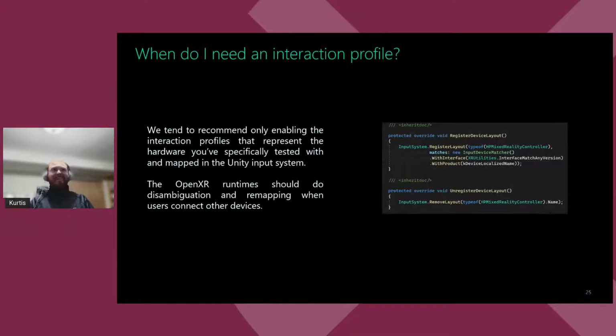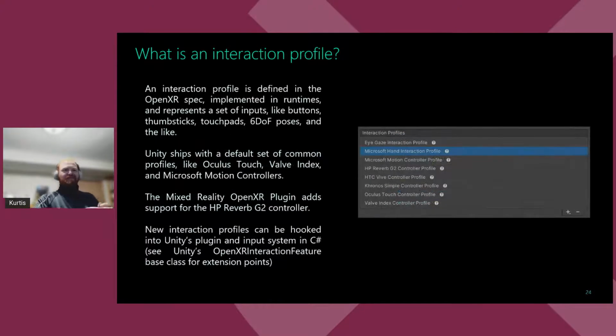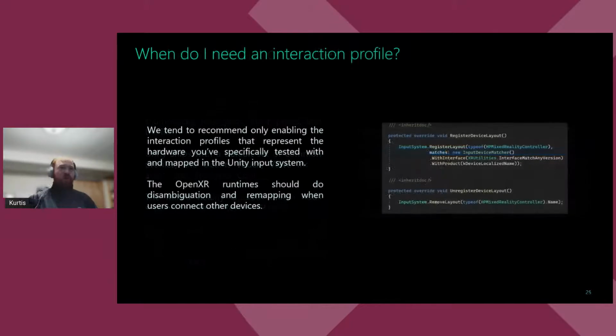Anyway, so when do I need an interaction profile? I'll go back real quick. If you notice, I have all of them in the screenshot. We tend to recommend you don't necessarily do that. We often recommend that you only enable the devices that you've actually physically tested with, and that the specific buttons are mapped to exactly the actions that you want to happen.